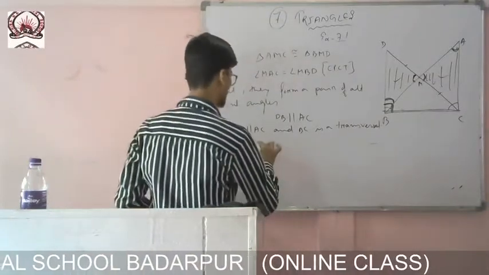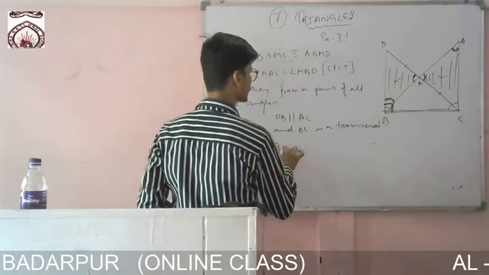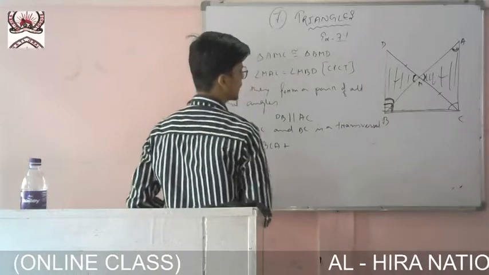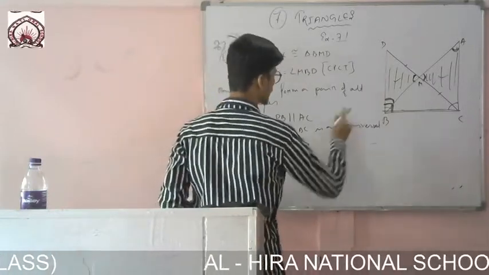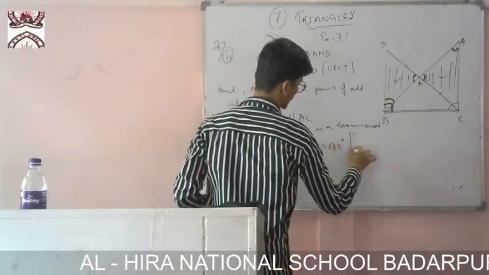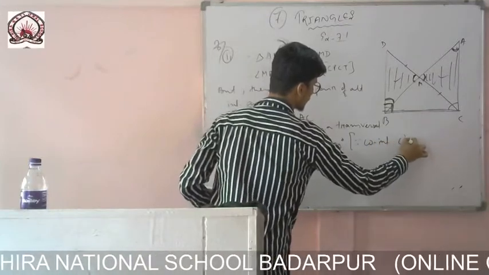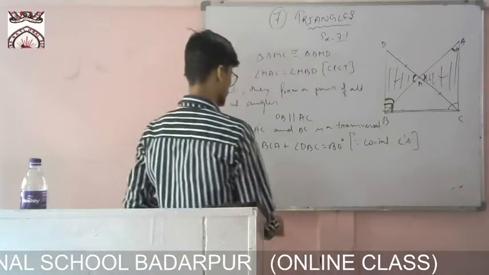Okay, so I can write it like this: angle BCA plus angle CBA, or you write it like this, DBC, since co-interior angles. You write it in full, since co-interior angles.